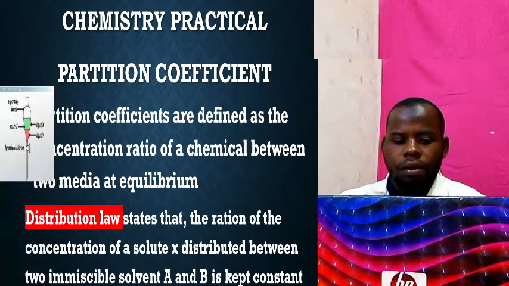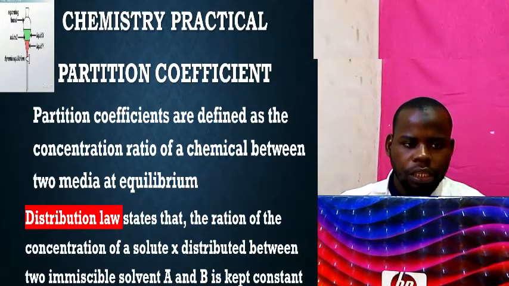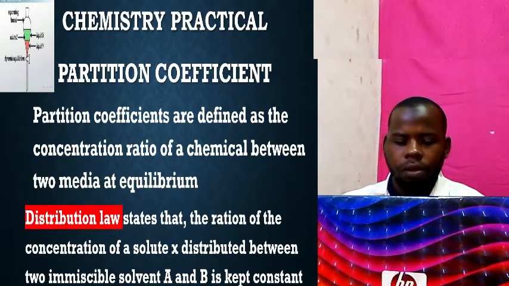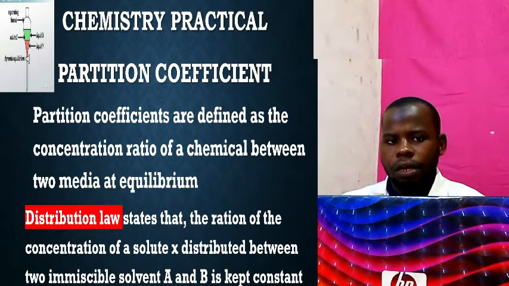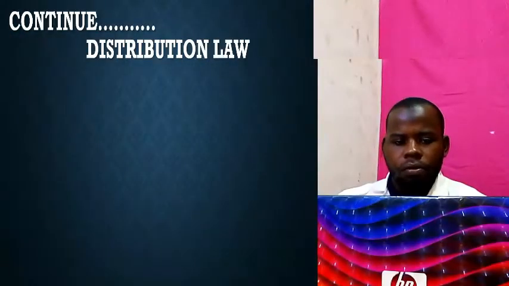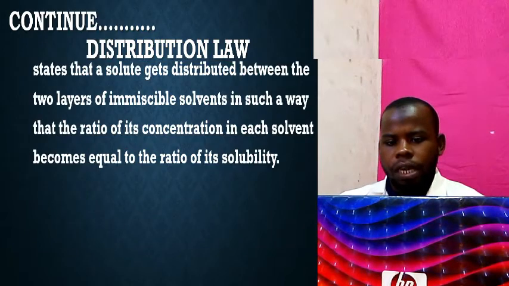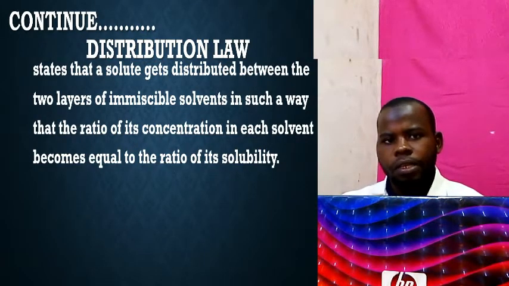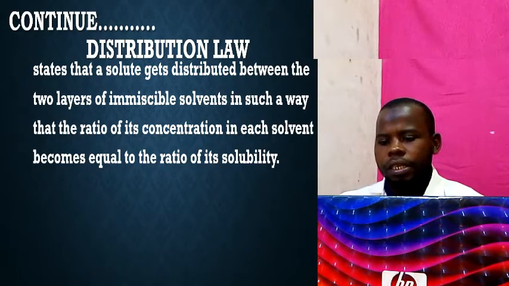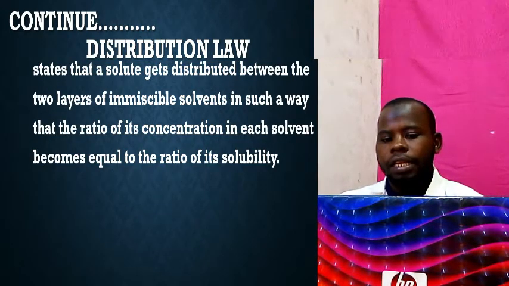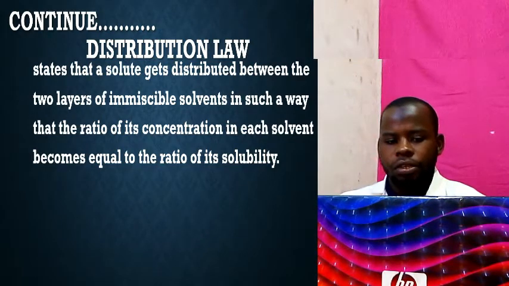We proceed by looking at a separating funnel. There is liquid X, liquid Y, so there is a constant distribution coefficient. According to the distribution law, the solute gets distributed between two layers of immiscible solvent in such a way that the ratio of the concentration in each solvent is equal to the ratio of its solubility.